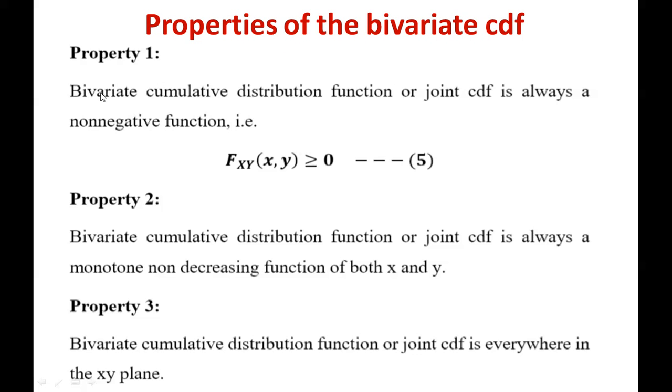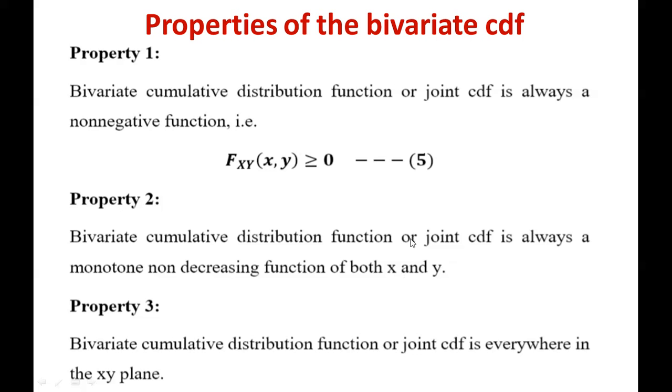First property: the bivariate CDF, that is the cumulative distribution function or joint CDF, is always a non-negative function, that is F_XY(x, y) is always greater than or equal to 0. Remember, the bivariate CDF is always greater than or equal to 0.